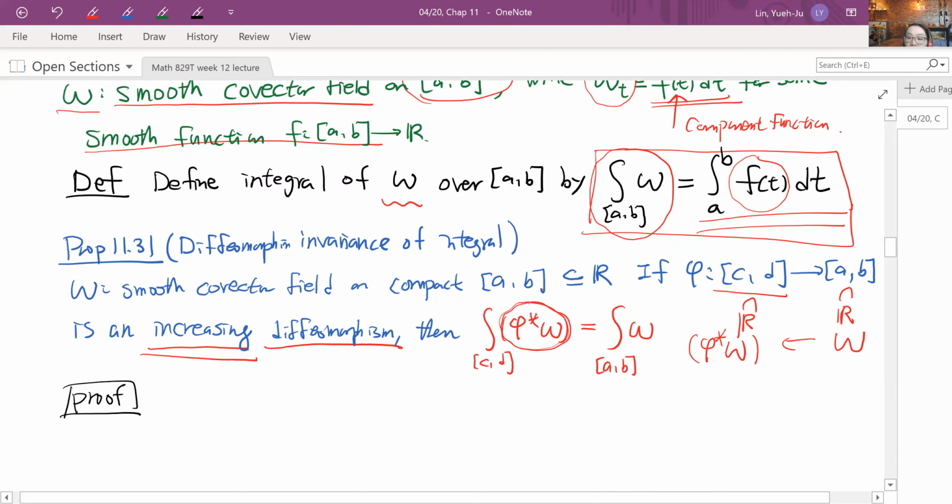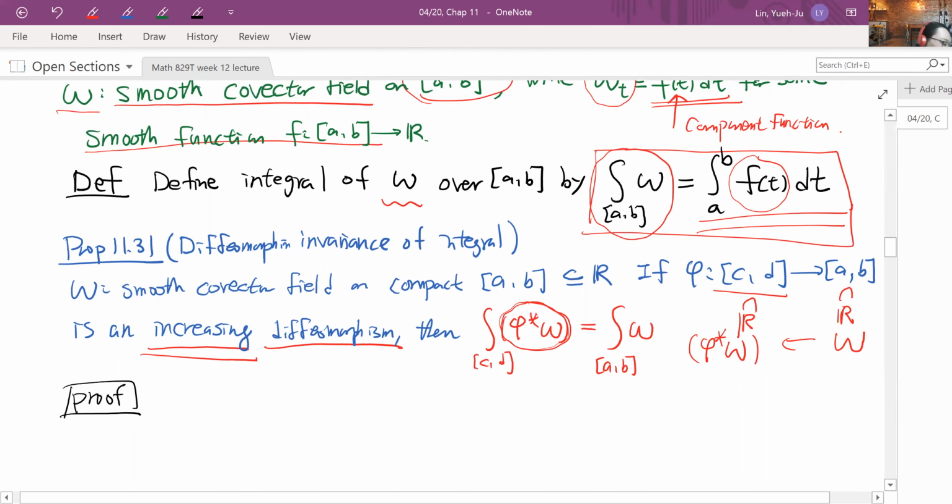Then the integral over CD of this pullback should be the same as the integral of W over AB. So this is what we call the diffeomorphism invariance. In some sense, you can think of this as exactly the formula for change of variable for the integral that you know before, the substitution. So we can quickly check this just by going through the definition.